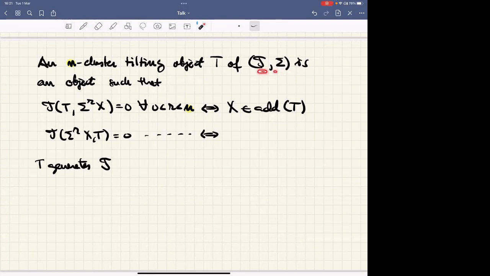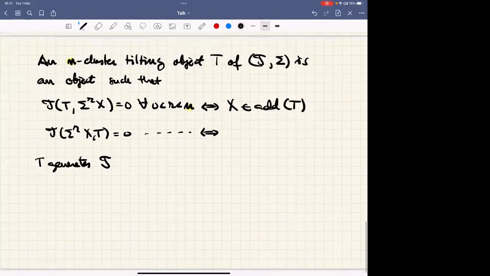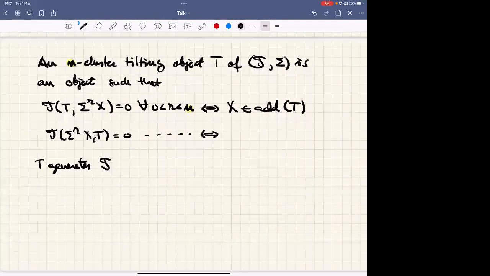We only need a category and a self-equivalence. And T generates in the usual sense, right? So any non-trivial object gets a non-trivial map from an object in add T. And more things. The previous notion of finiteness is equivalent to the existence of one cluster tilting object.